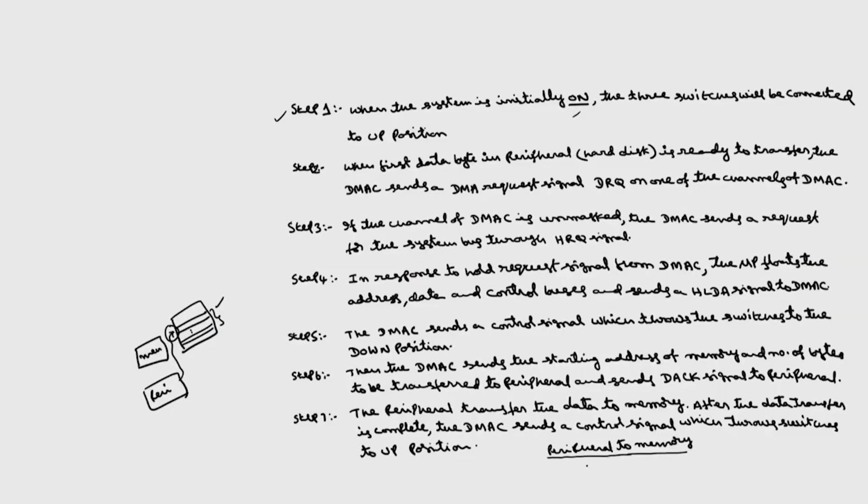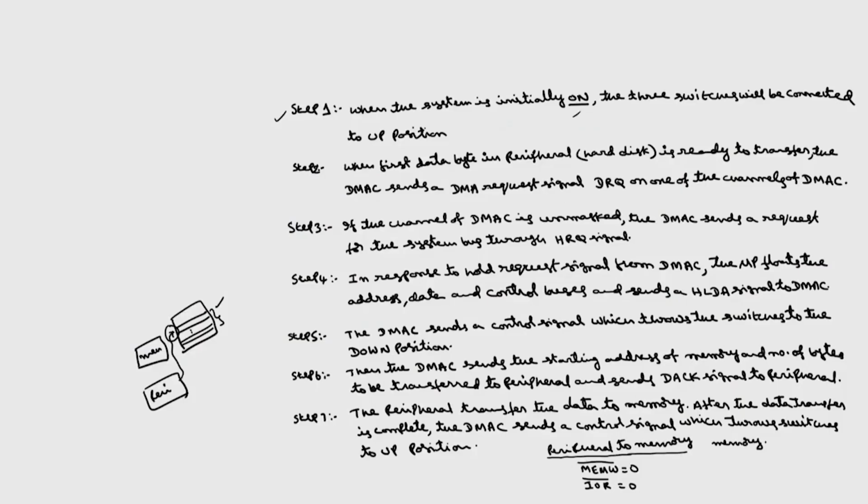So in peripheral to memory, memory write will be enabled and IO read will be enabled. Because we are reading from the peripheral, which is IO, IO read is 0, and we are writing onto the memory, so memory write will be 0.